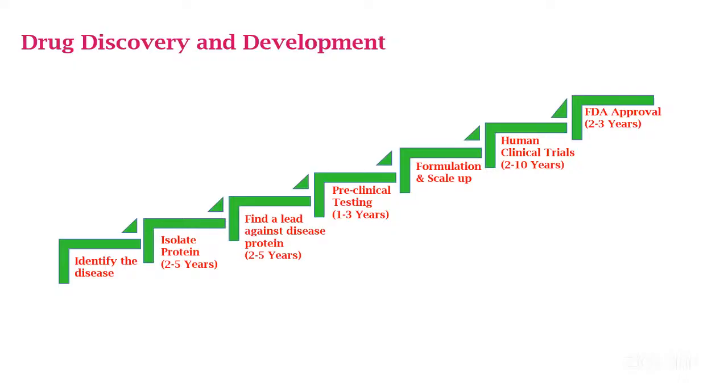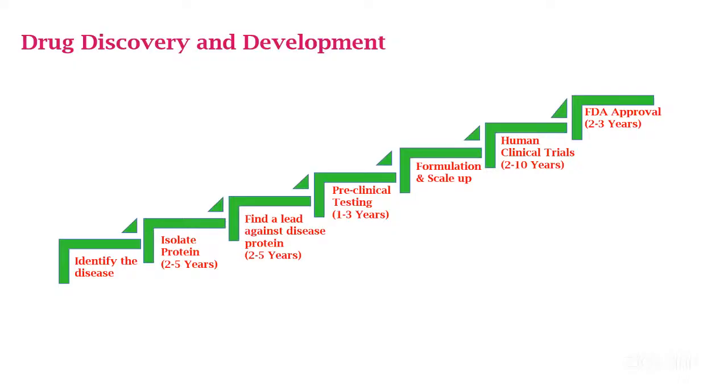Then there is preclinical testing, then formulation, then human clinical trials, and at last FDA approval. If you see these different stages, it requires a time period of near about 17 to 20 years. And along with this, it requires lots of money, or it incurs many costs.